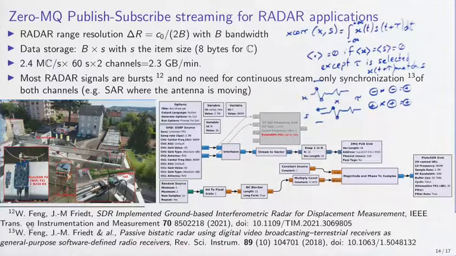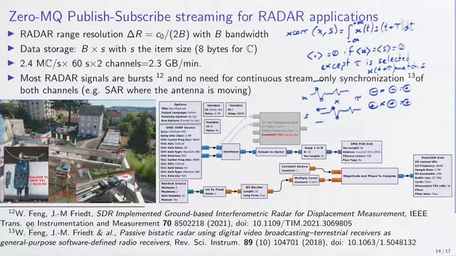In a synthetic aperture radar, we repeat the measurement by sweeping the position of the receiving antenna along a linear path, and by taking the correlation of these time domain signals at various positions, we can demonstrate that we can not only compress the pulse in the range direction, but also in the azimuth direction, and have a localization of the target with an angle resolution determined by the length of the rail of this ground-based synthetic aperture radar, GBSAR.